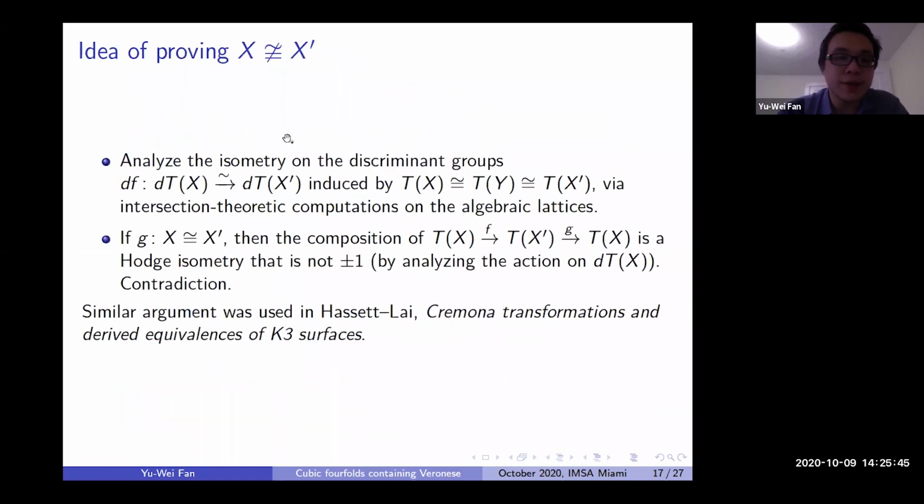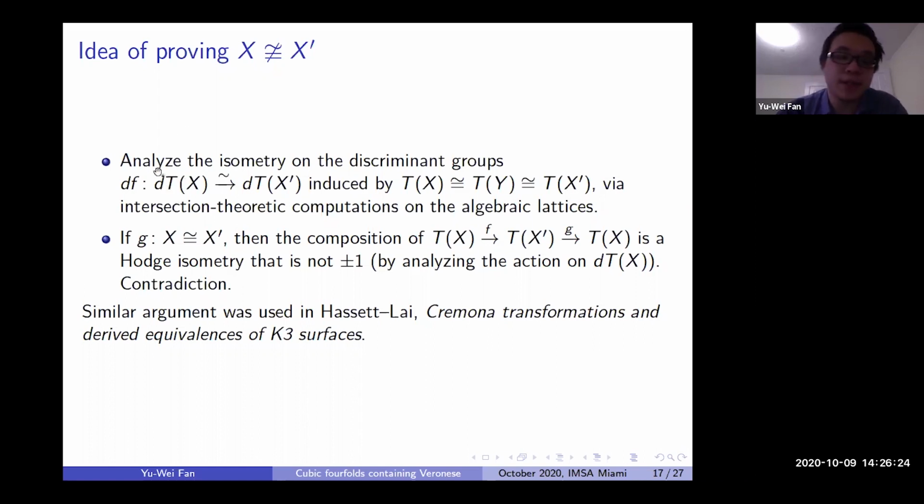And okay, so this is the idea for proving X and X prime are not isomorphic. So we can use again the isometries from the blowup formula, and we can analyze what's the action on the discriminant groups of the transcendental lattice. There's a certain canonical identification between the discriminant group of Tx with Z20.